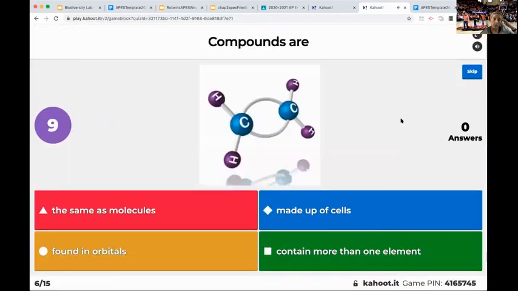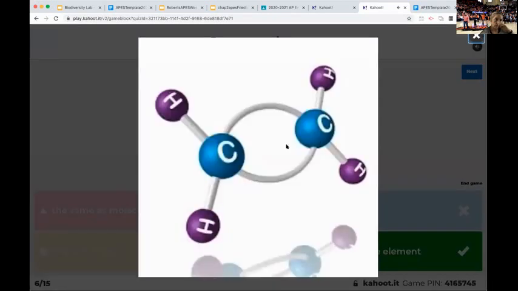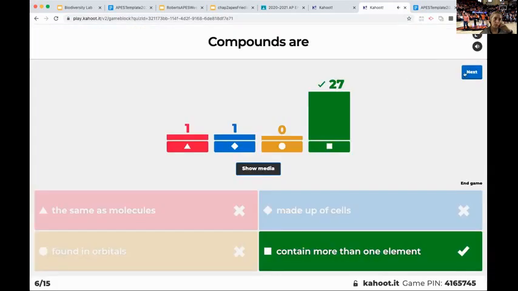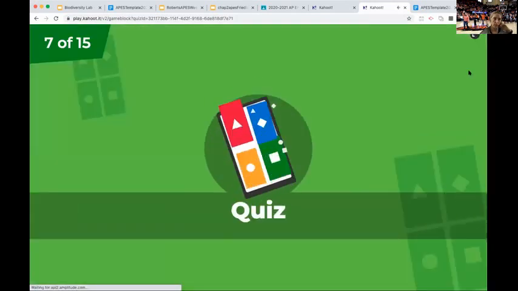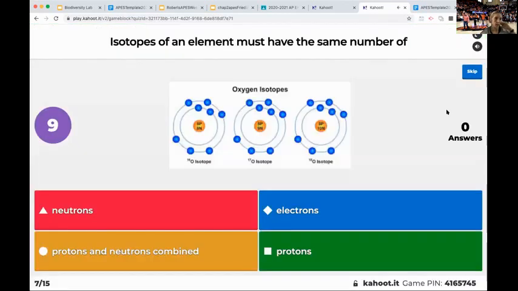Right, elements versus compounds. So this is showing you a picture of carbon and hydrogen. Carbon can form 4 bonds, which is what makes us organic beings. It makes all sorts of combinations by making those 4 bonds. Right, isotopes. We're going to talk about radioactive isotopes and unstable isotopes in our next live session.